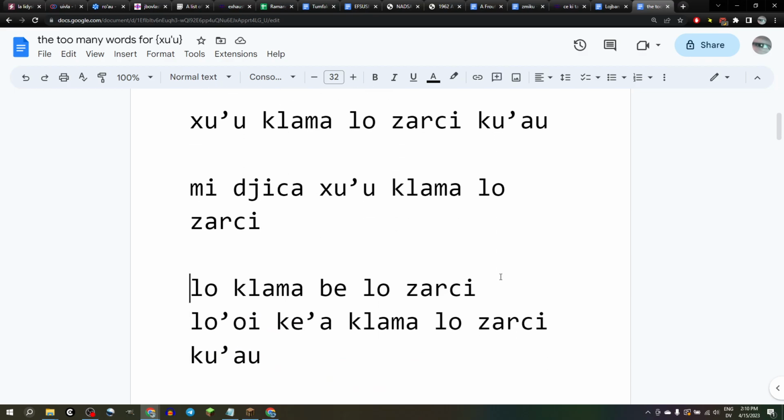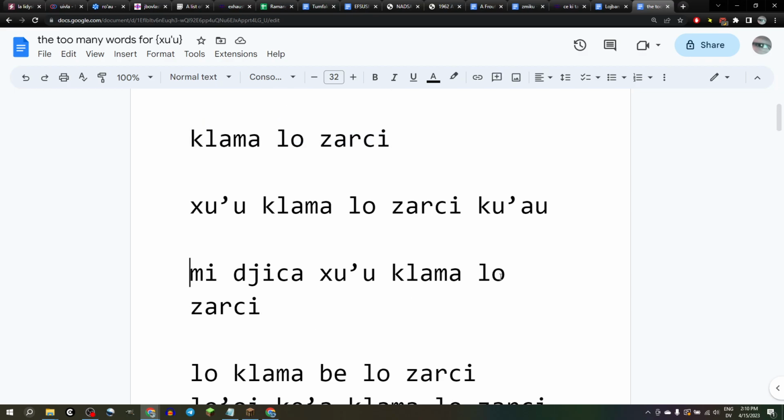Xu'u also, Lojban goes from a sentence and produces a noun, the noun being the thing that's the keha in the sentence inside the Lojban. Xu'u goes from a sentence to a noun, the noun being an abstraction of some sort.